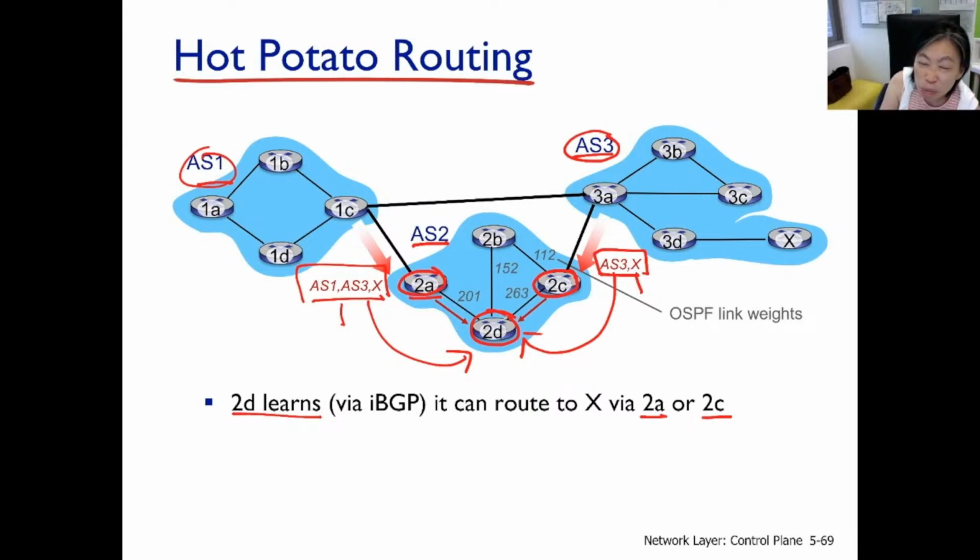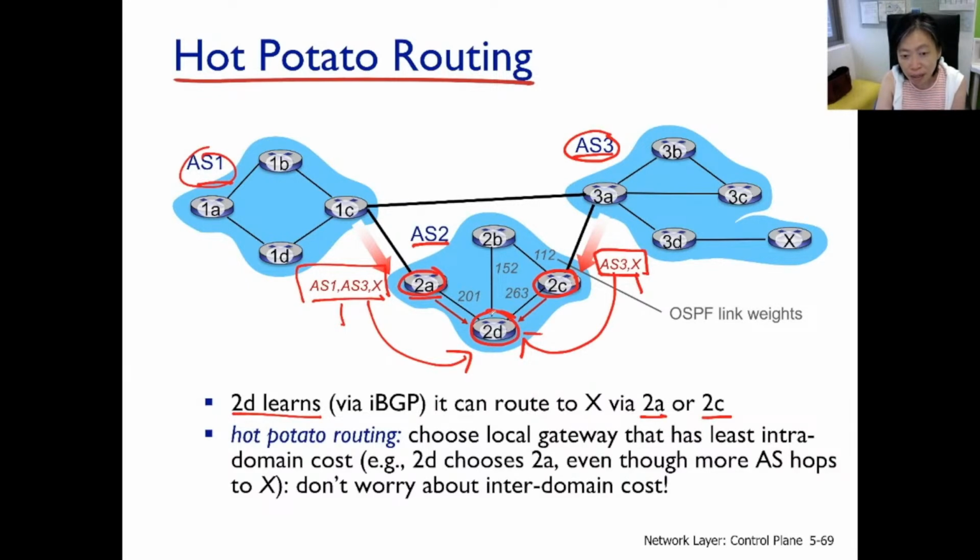Okay, assuming that we abandon the shortest AS path phase and go straight to the closest next hop router phase, then we'll do this. For this path, the next hop router is 2A. For this path, the next hop router is 2C. 2D here will consult the intra-AS routing again to find out whether 2A or 2C is closer.